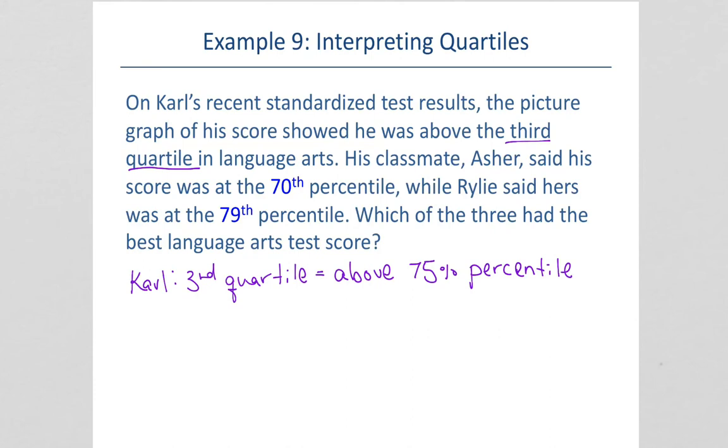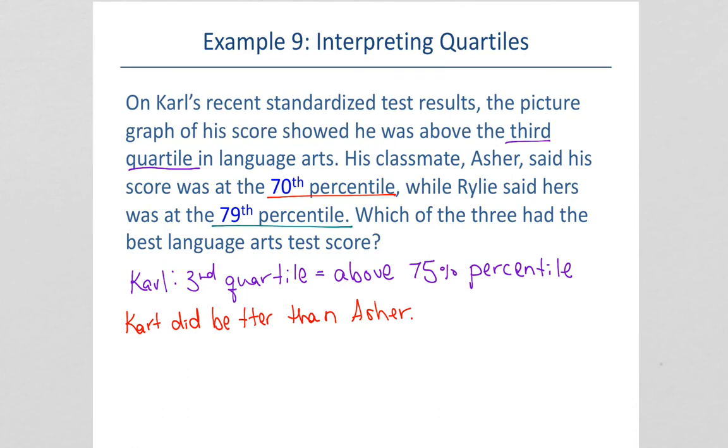We don't know exactly how high he scored, but it was at least there. So we can see pretty easily that Carl scored better than Asher because Asher's was at the 70th.